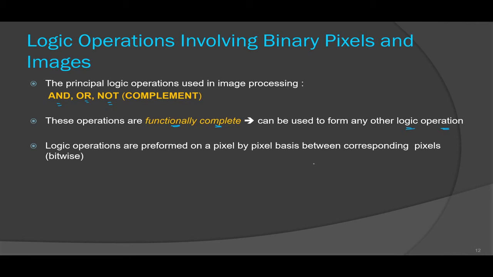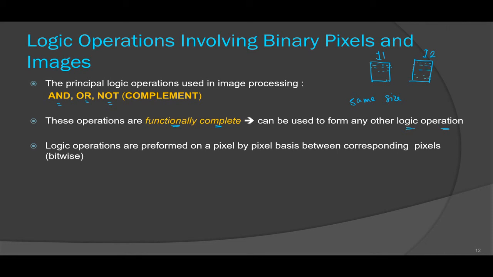Suppose I have this one image and this is another image, both of the same size. This is image 1 and this is image 2. This is also a binary image and this is also a binary image. So I'll have some pixels that are zeros, and some pixels that are ones. Here also I'll have some pixels that are ones, and some pixels that are zeros.